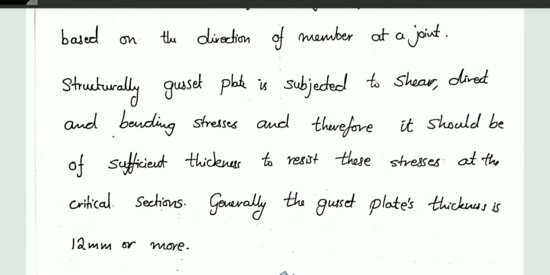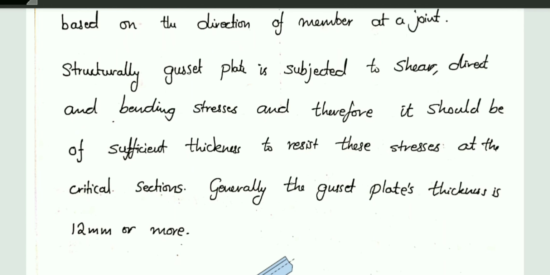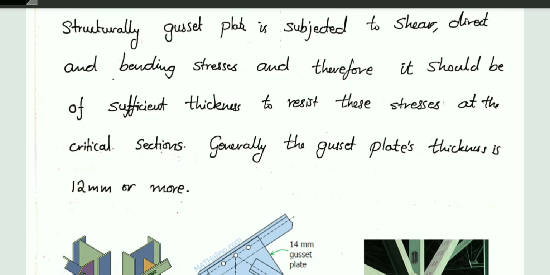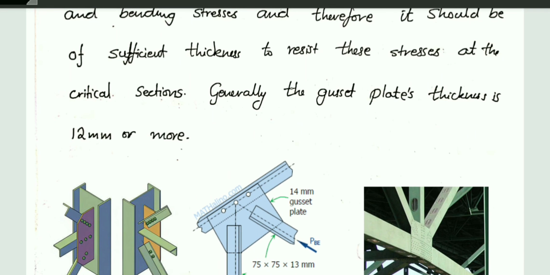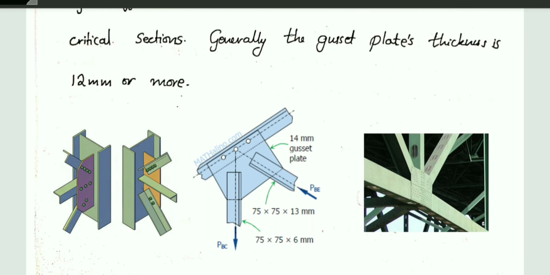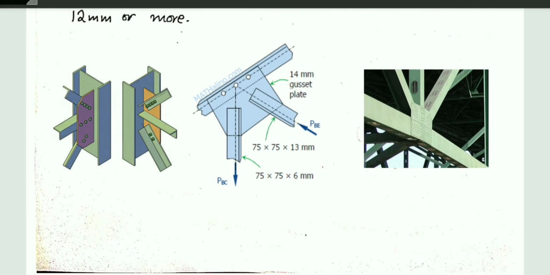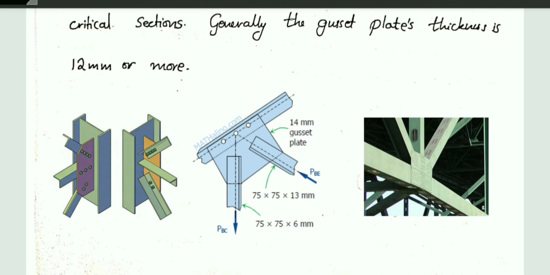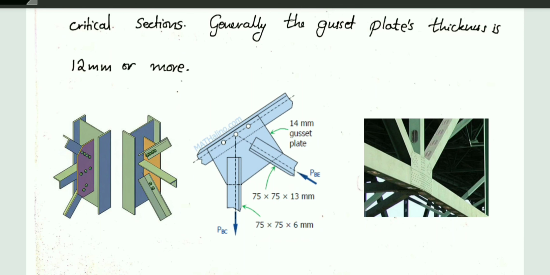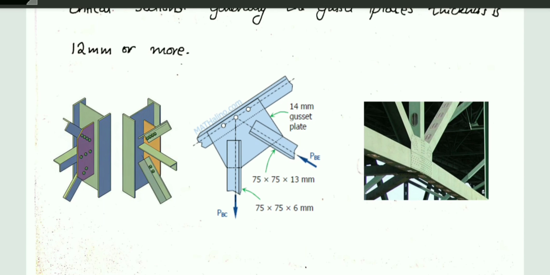Structural gusset plates are subjected to shear, direct or bending stresses, and therefore they should be of sufficient thickness to resist these stresses at the critical sections. Generally the gusset plate thickness is 12 mm or more.